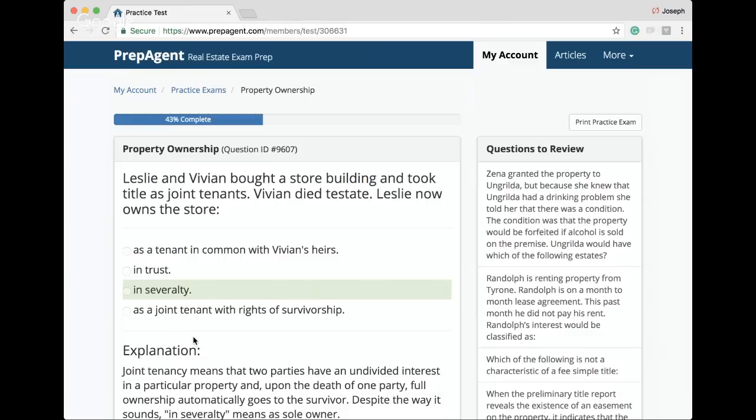The two of them owned a store together. They had title as joint tenants. So the other has the right of survivorship. Vivian died testate, which means she had a will. But the trick is that's irrelevant, because her heirs don't have rights to the property; it's Leslie's rights because it is joint tenancy. Okay? Hopefully that makes sense.